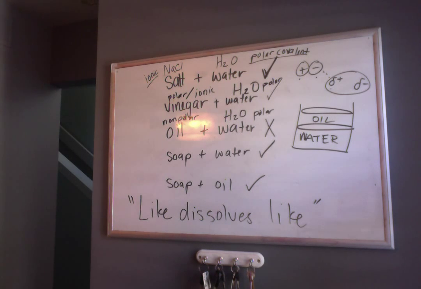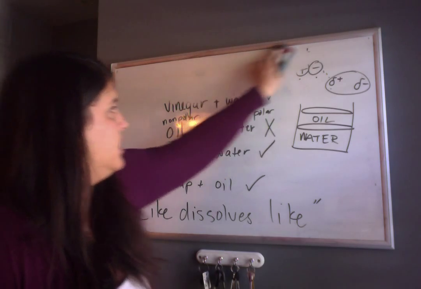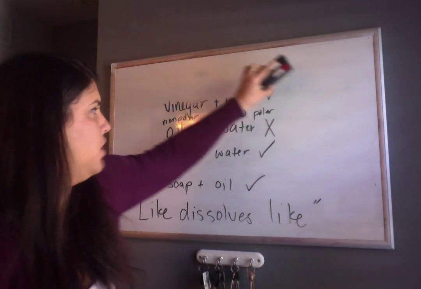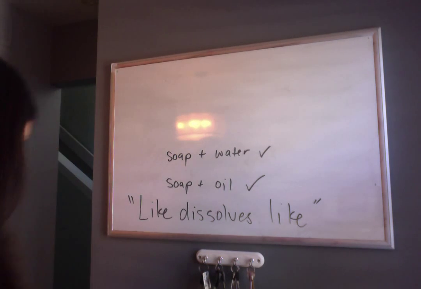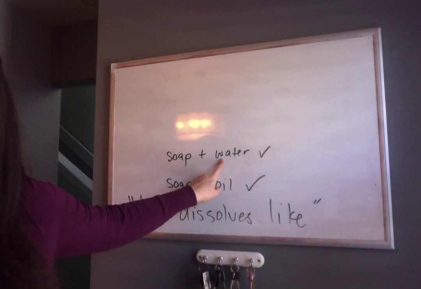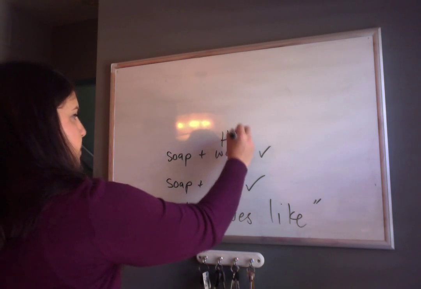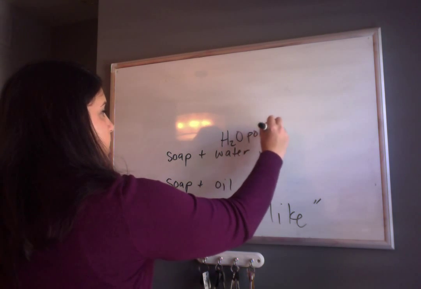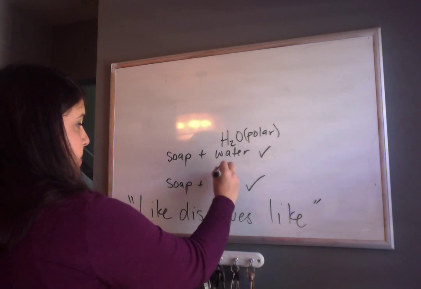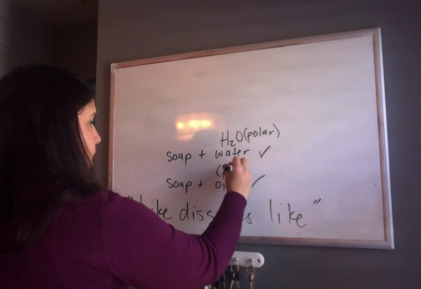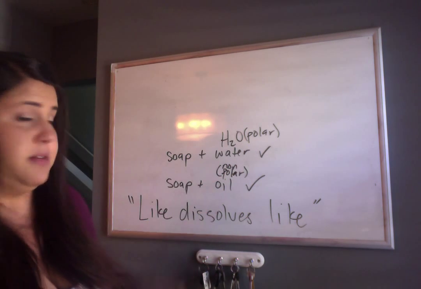Now, here's the weird part. All of that aside, I'm going to erase this. What about soap? Soap seems to have this weirdness where it interacts with water and it mixes with oil. So again, water, we know, is a polar molecule. And from the previous knowledge, we know that oil, whatever it might be, is a non-polar molecule because we know that it didn't mix with water.